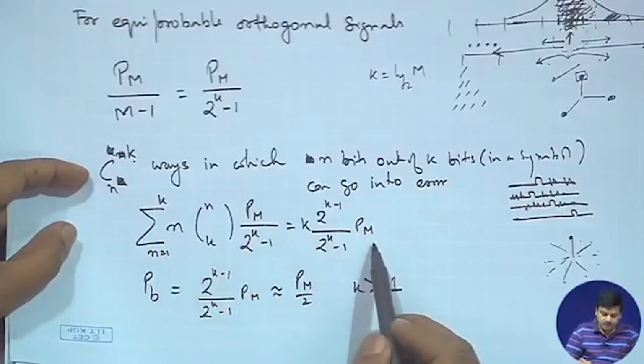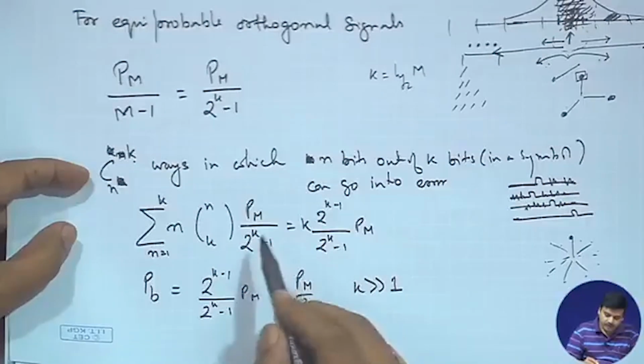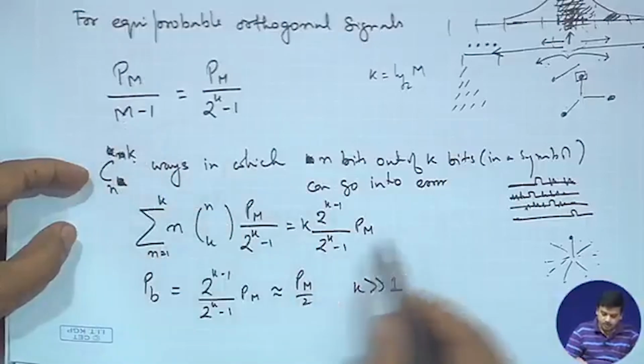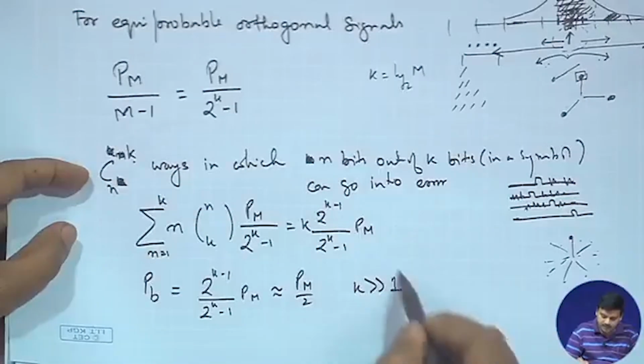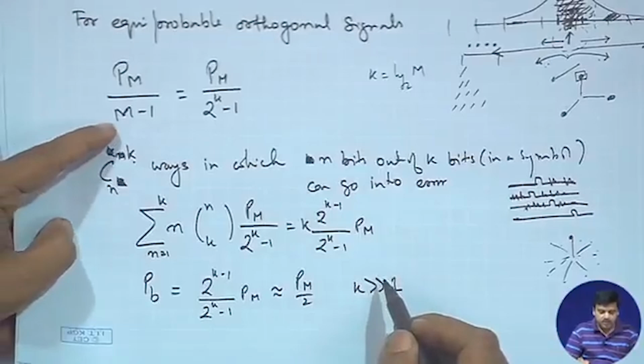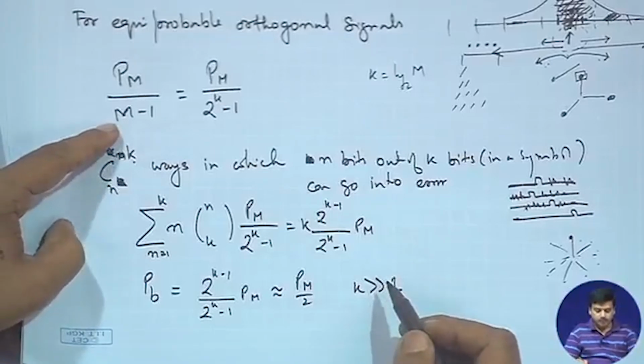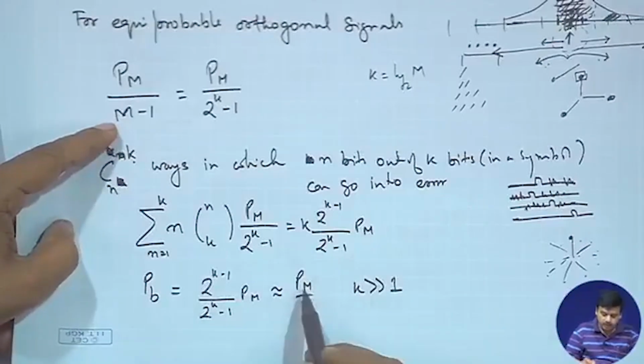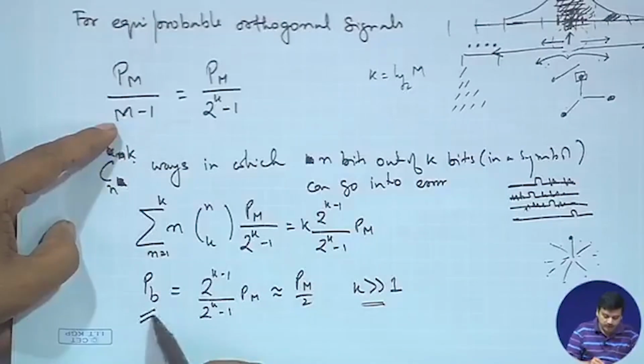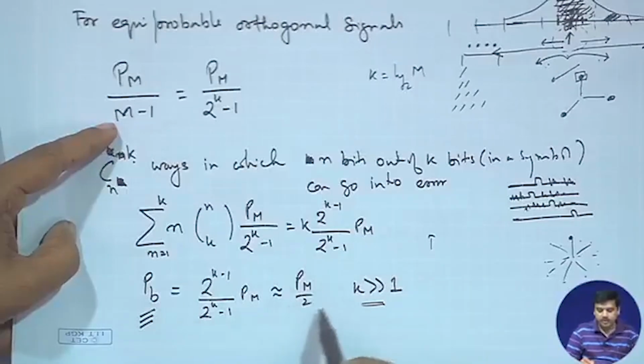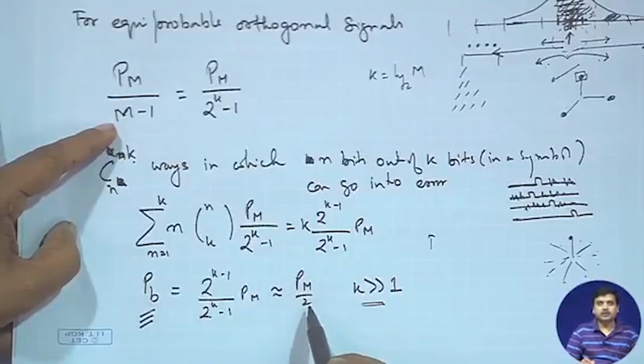We have to take all such possibilities along with the possibility that any of the bits goes into error. So, by expansion of this term, what we have is P_m upon 2 to the power of k, because as k is greater and greater than 1, this is almost equal to 2 to the power of k. You could solve this with this approximation, and you get that the probability of a bit going into error would be approximately equal to the probability of a symbol going into error by 2.